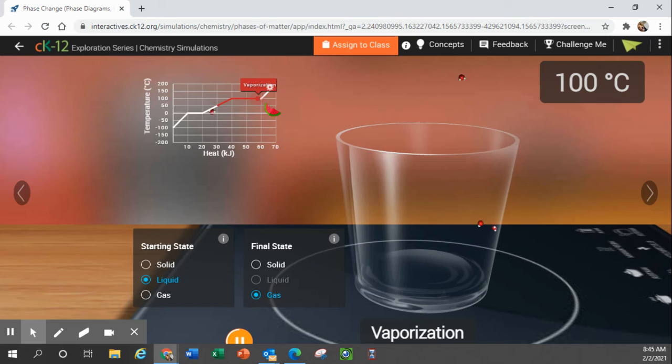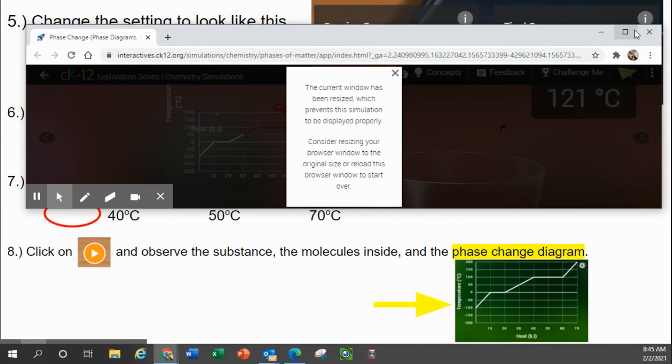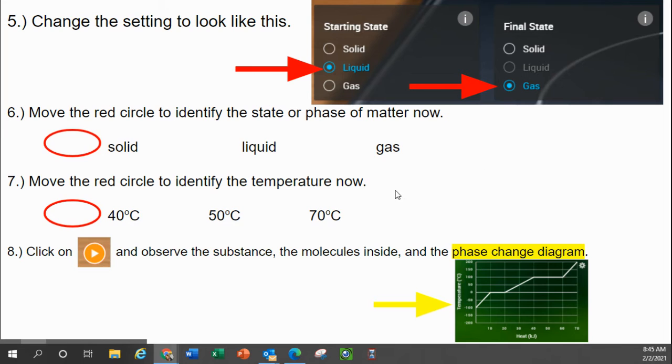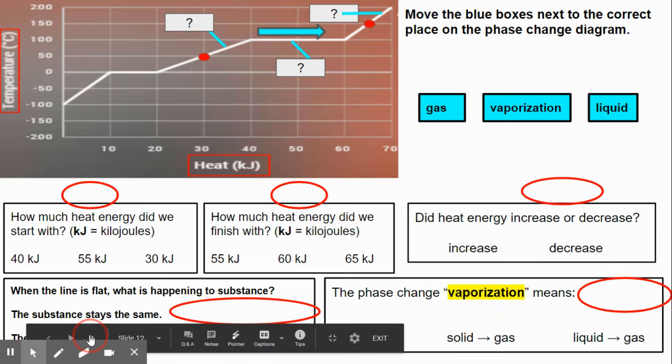And then once it's all a gas, the temperature would start to increase again. Which, by the way, is why a steam burn is worse than a liquid burn, because the steam is a higher temperature. At any point, pause the video.